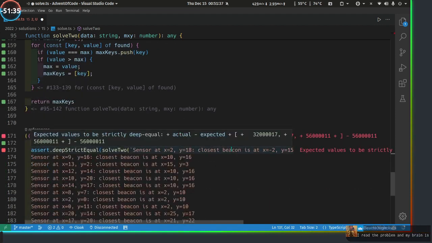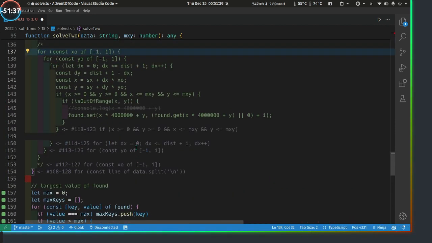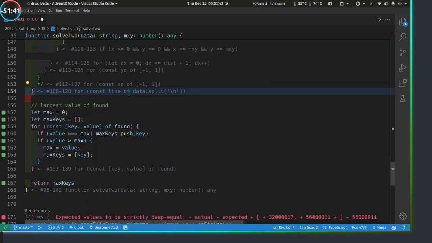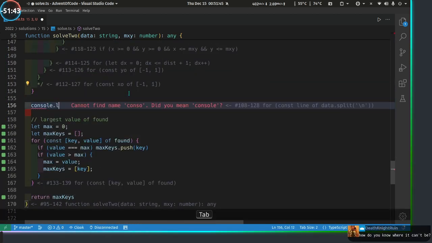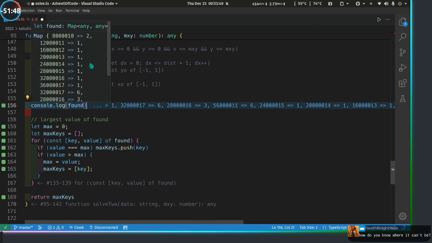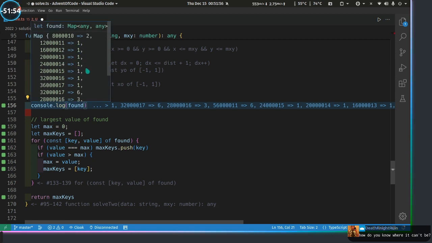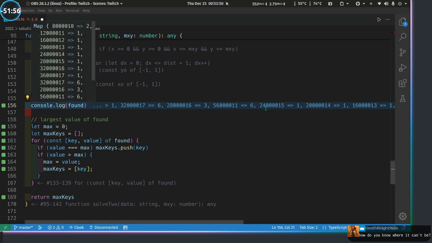Is this working? No, I don't know what this is. Found. Okay, it's found still on fire. So I'm returning a bunch of possible positions, but not the right one. And even if I was, it's too slow.